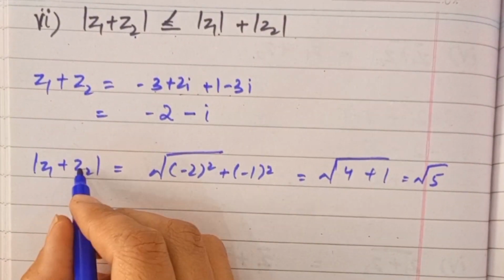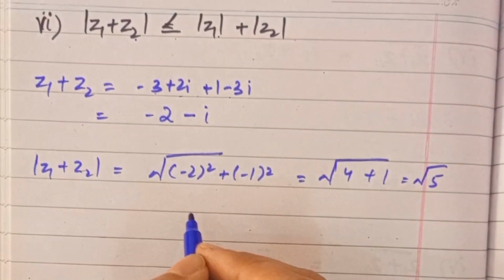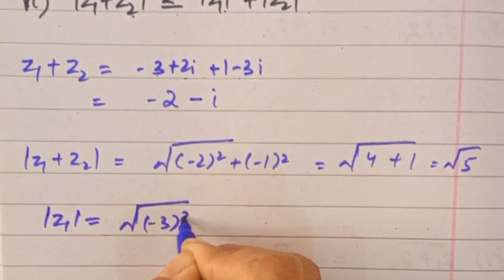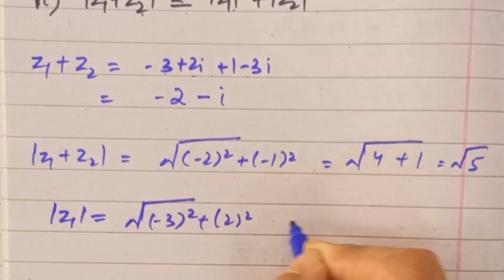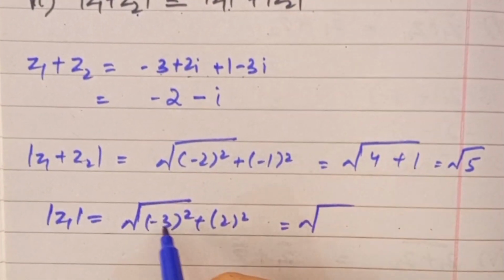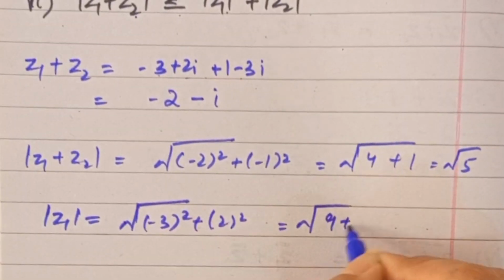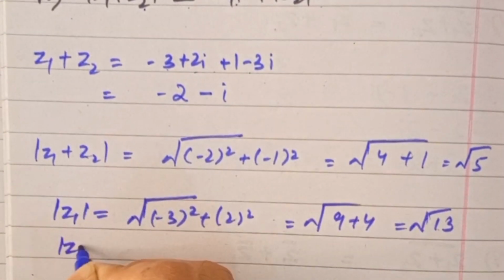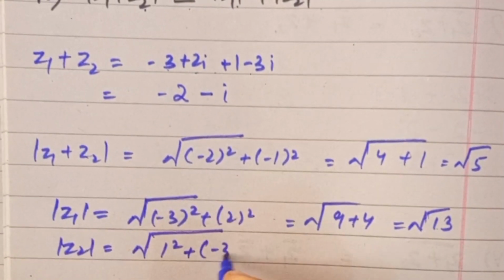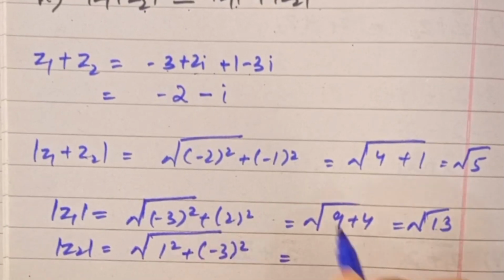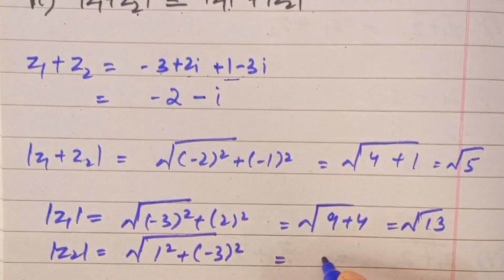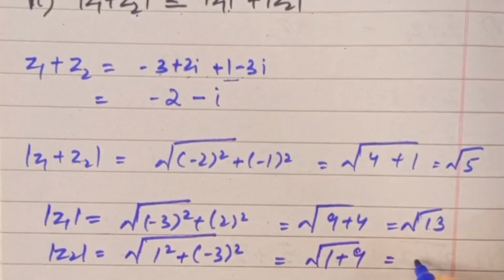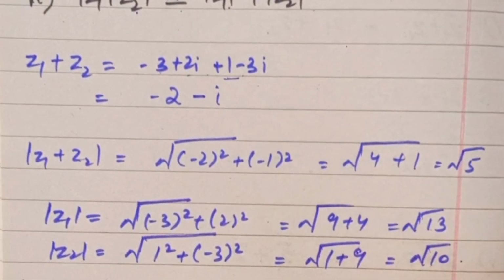Now that we have z1 plus z2 whole conjugate, z1 conjugate is minus 3 square plus 2 square. That is equal to 3 square is 9 and 2 square is 4. It's 13. 1 square plus minus 3 square. From here, see? So it's 1 plus 9. That is equal to 10.